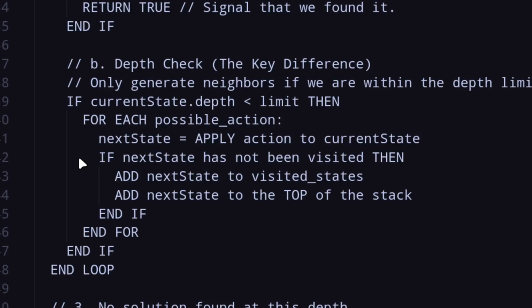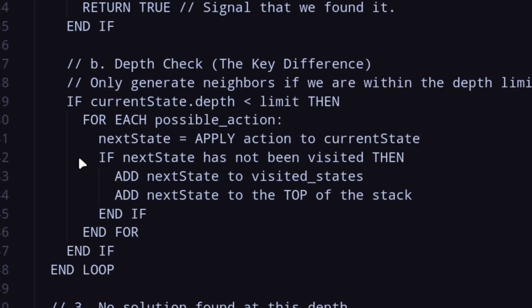If it is less, then for each possible action, that means your fill action, empty action and pour action, you go to the next state by applying that action in an order that you have already defined as per your DFS algorithm. After you generate the next state, you need to first check whether you have already visited it.